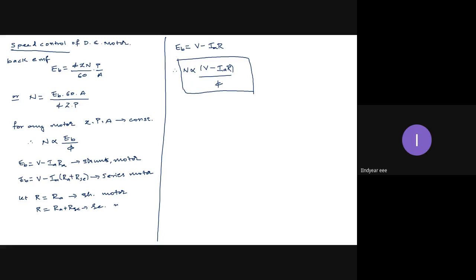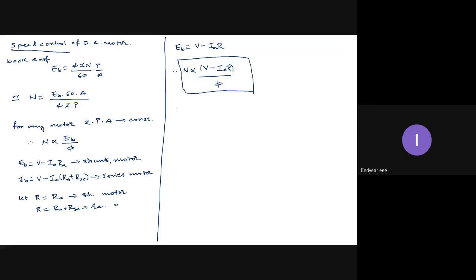Okay. So from the above equation, we can say that the speed depends on applied voltage, armature resistance drop, and the flux.